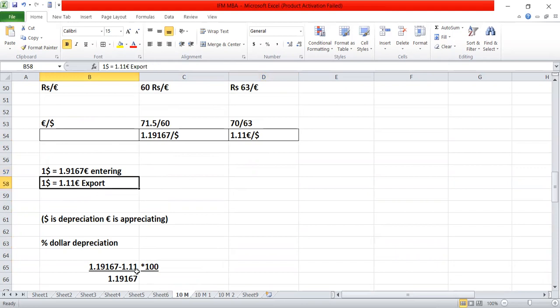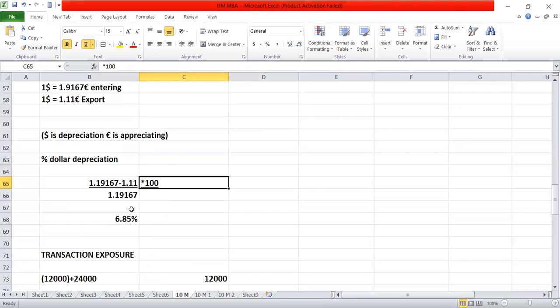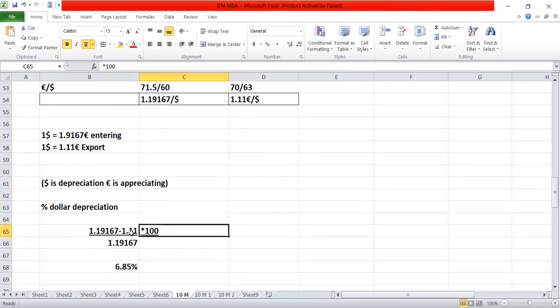So we are seeing how much percentage is changing. So 1.19167 minus 1.11 at the time of exporting, divided by the base, we have to take entering 1.1967, into 100, that is 6.85%. It is changing. So this is the dollar depreciation.